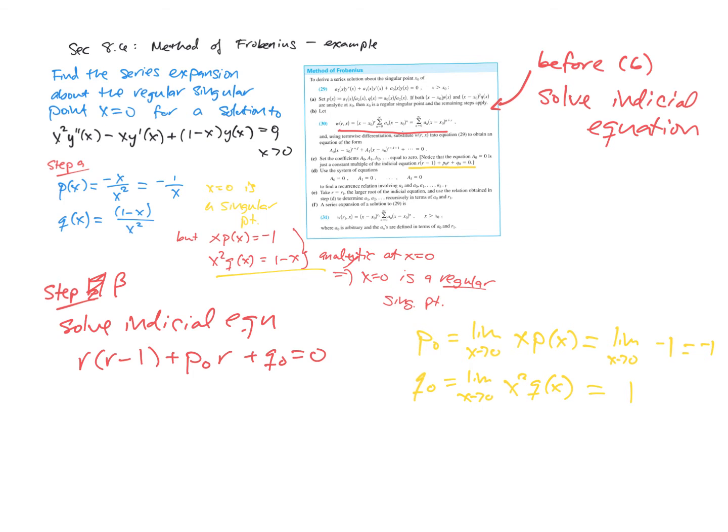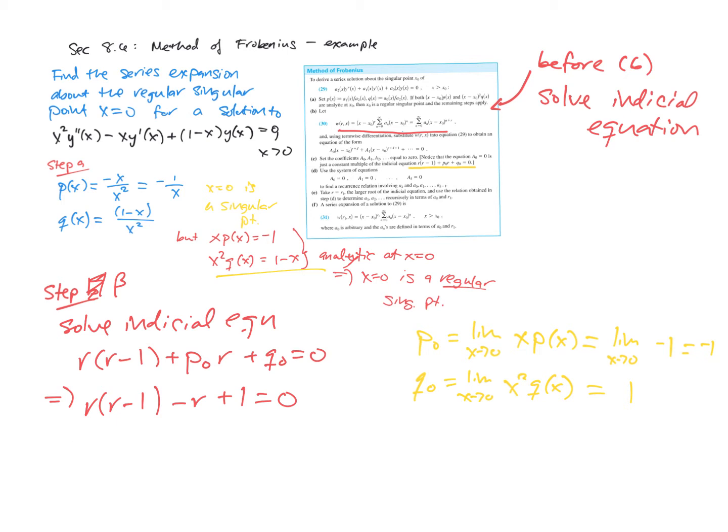This equals 1. So we can sort of rewrite our indicial equation like this. R minus 1, minus R, plus 1 equals 0.